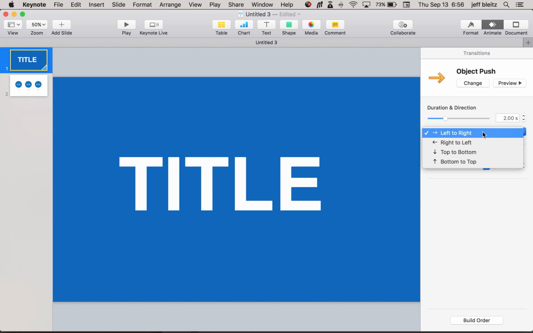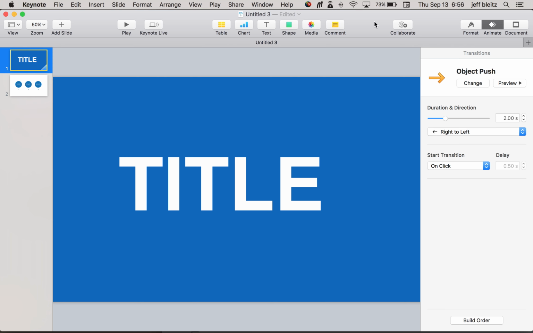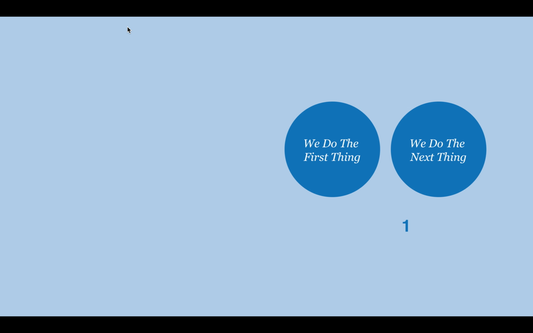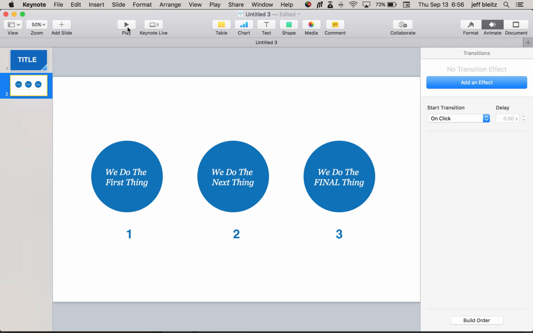I'm going to go right to left, and I think you can see because I have multiple objects on the page, the transition moves the objects at different rates and I get kind of a parallax scrolling feel. So push just pushes the whole slide over. Object push pushes the objects at different rates.